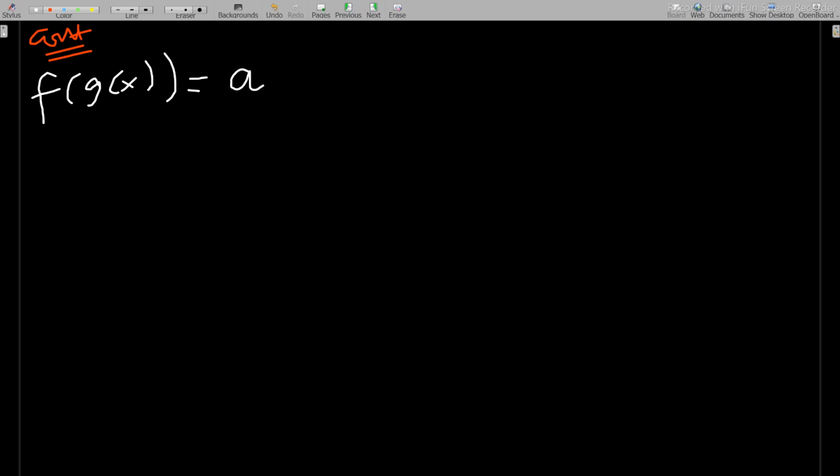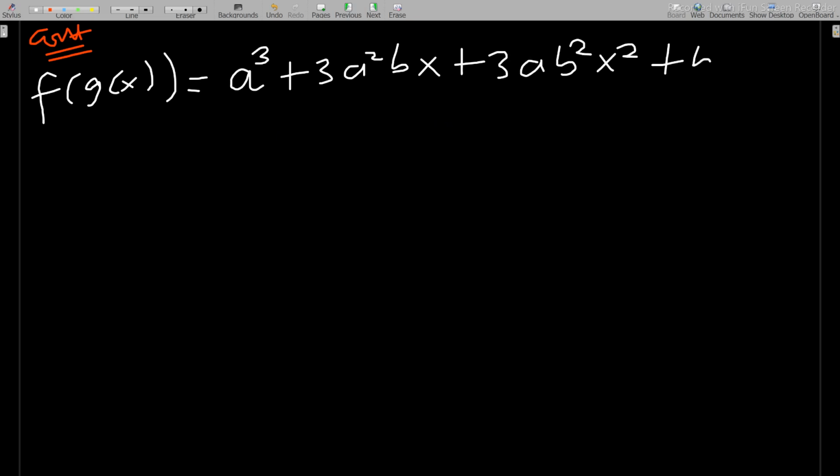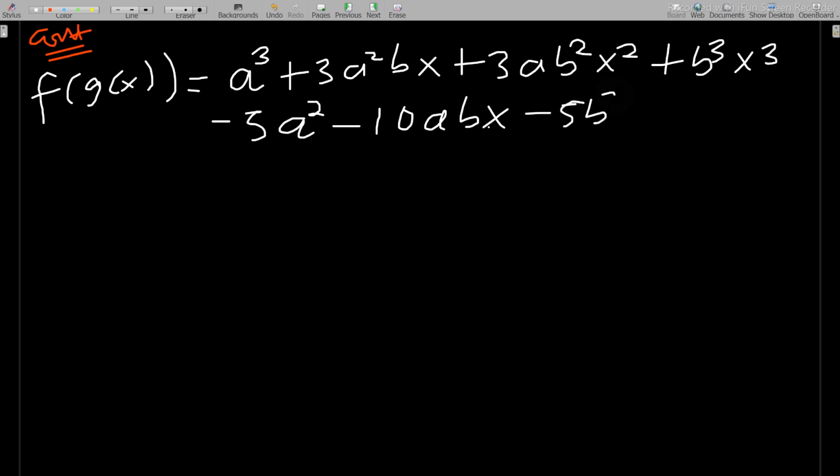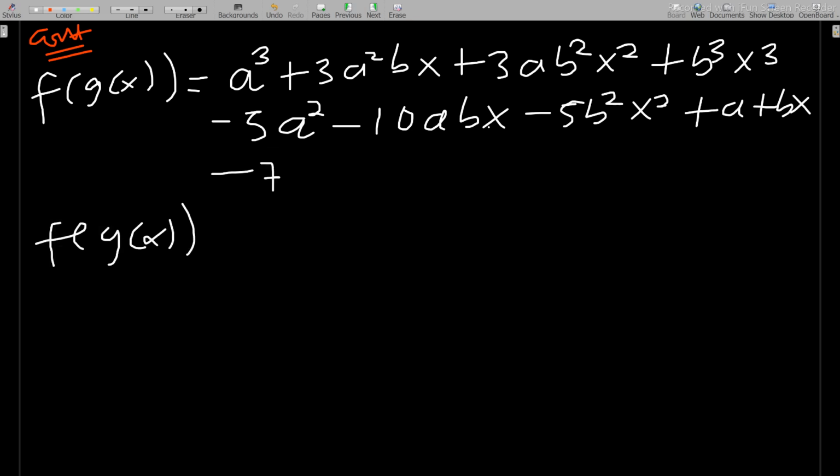So a cubed plus 3a squared bx, this is what we had, plus 3ab squared x squared, and plus b cubed x cubed, minus 5a squared, let me write it well for you, minus 10abx minus 5b squared x squared, plus a plus bx minus 7. So I'll have to just group like terms.